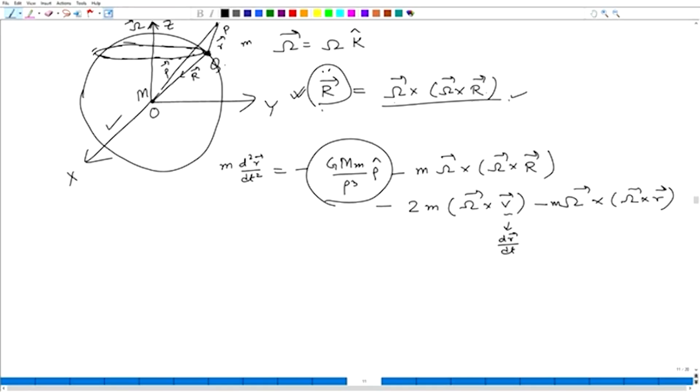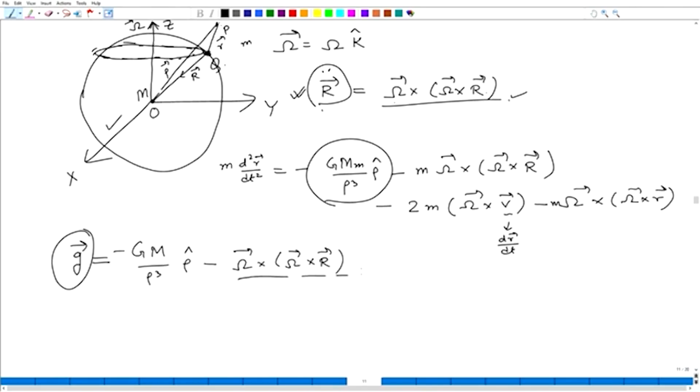So, if you think that my effective gravitational acceleration of the particle P with respect to the observer sitting on the surface of earth is given by g, I can write g should be minus GM by rho cube rho cap minus omega cross omega cross r, because this is a constant term.